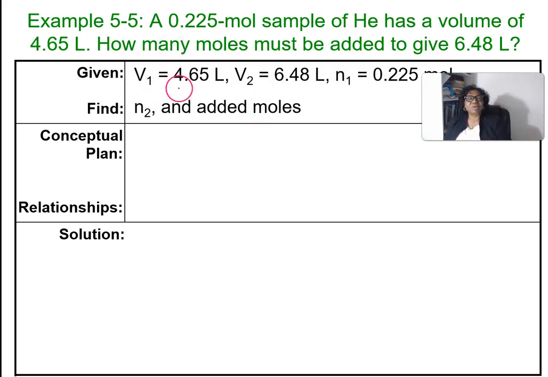So our V1 is 4.65 liters. Our V2 is 6.48 liters. Our N1 is 0.225 moles. We want N2, and the added moles.